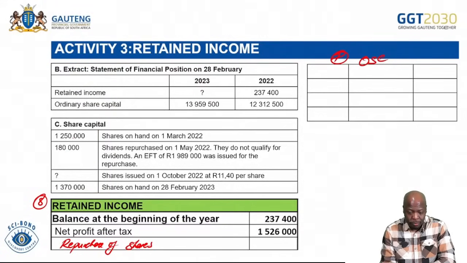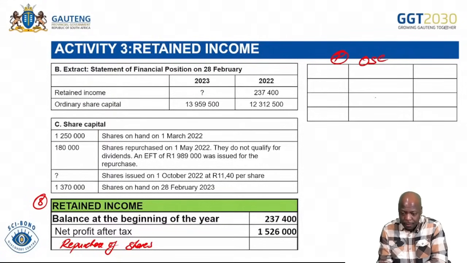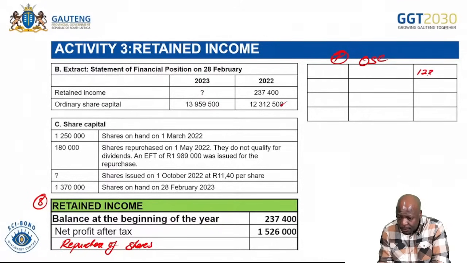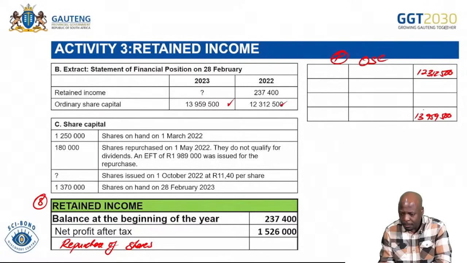We are told here in 2022 is 12 million. Please write this with me: 12,312,500. At the end, 13,959,500. We still good?